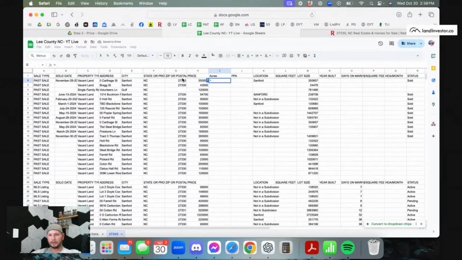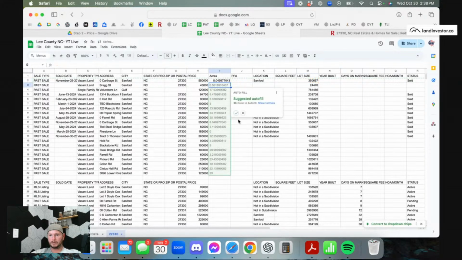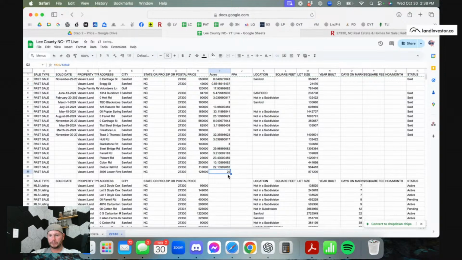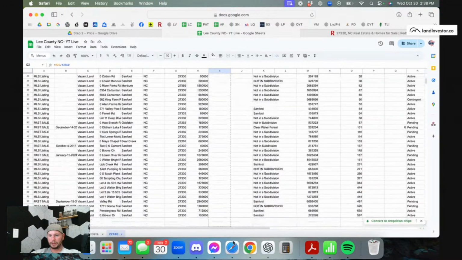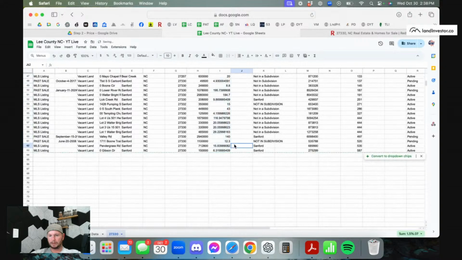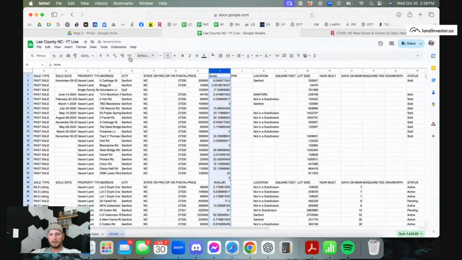So let's find out the acreage. I'm going to take lot size divided by 43,560. And I'm going to carry this down as well, just all the way down. These as well. And then let's shrink that in.